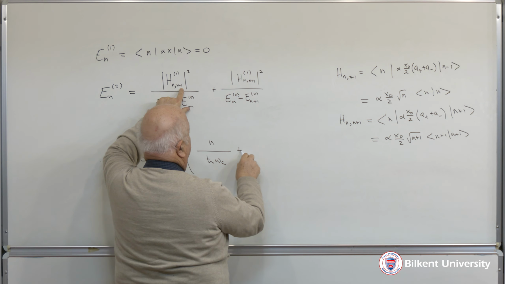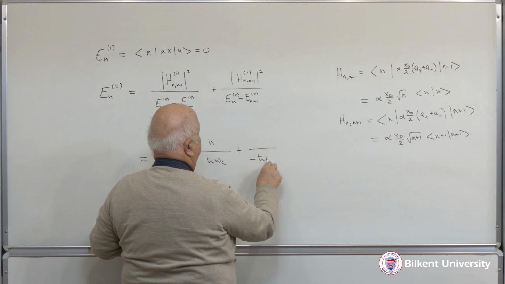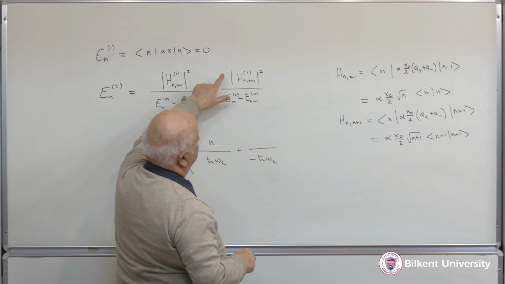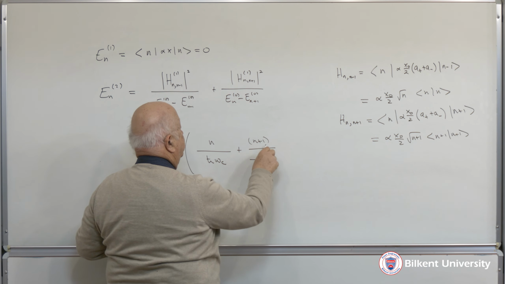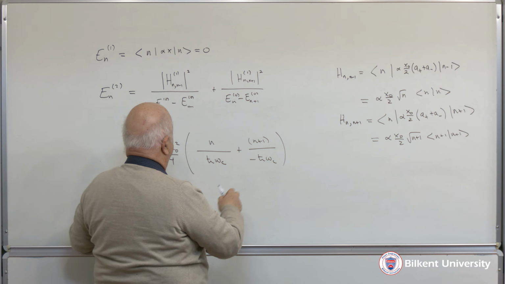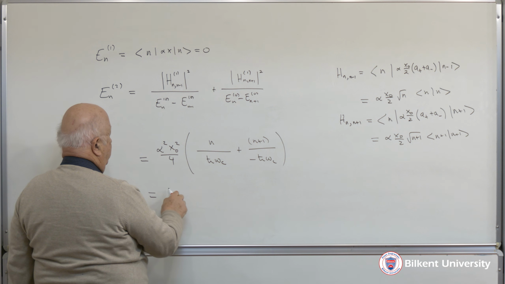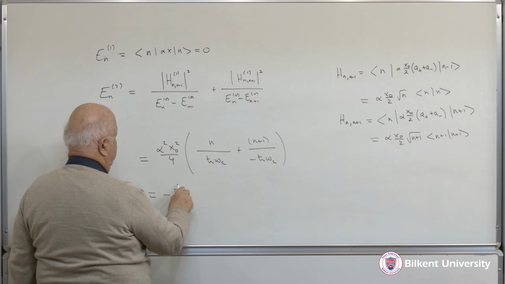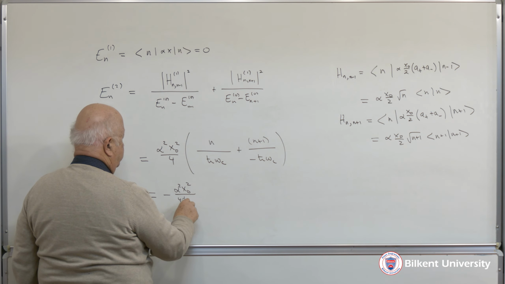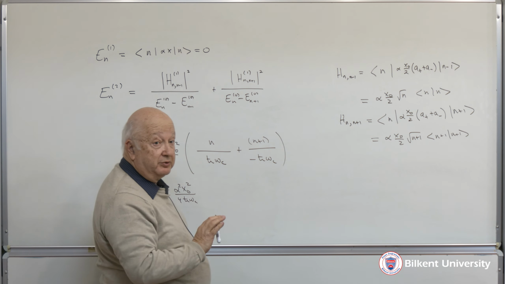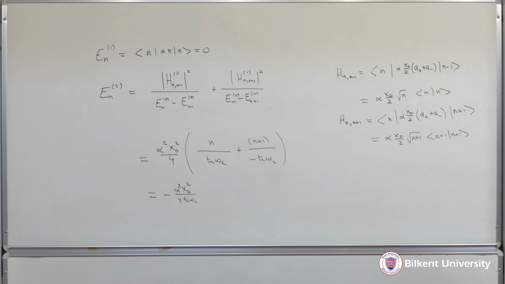And then the other one is going to be the other way around, minus h bar omega c, with n plus 1. So very nicely, the n parts cancel, and I end up with minus alpha squared x0 squared over 4 h bar omega c, which is what I had earlier. Okay, so it works out very nicely.